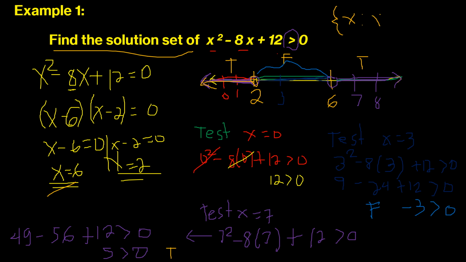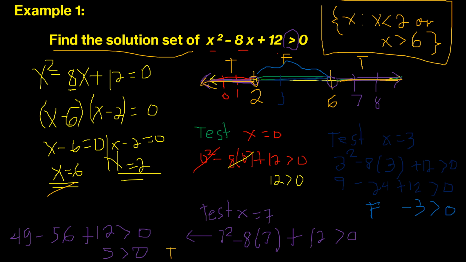So x is less than 2, which is the first boundary, or another set is found at the right of 6 here. How are we going to describe them? It will be x is greater than 6. So that is how we set the solution set of this quadratic inequality. So this is the answer.